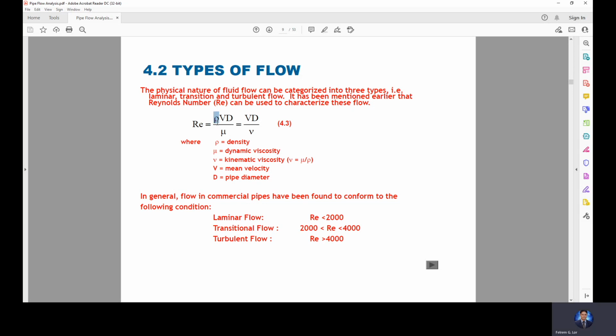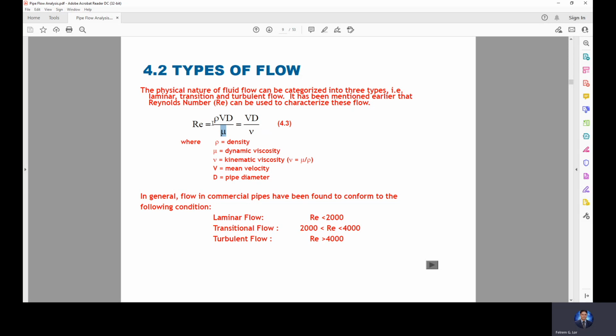The density and the dynamic viscosity depend on the type of fluid. Different fluids, different temperatures, right? We know that the density of a fluid will change if its temperature changes, right?